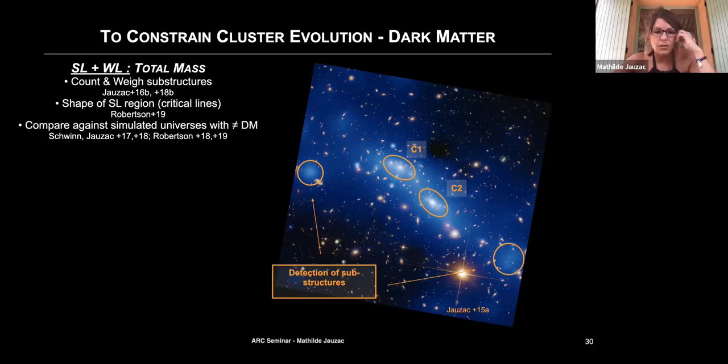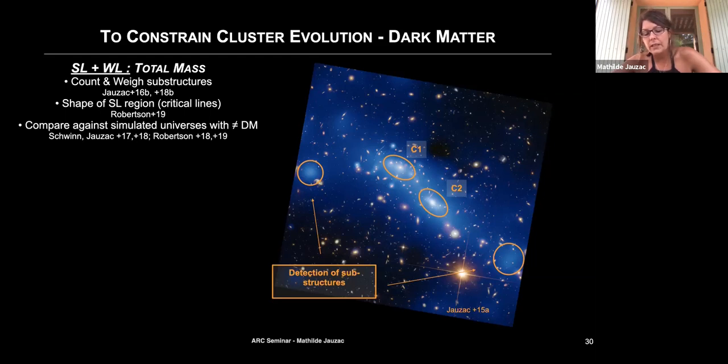Those two substructures are group scale, so a few 10 to the 13 solar masses. From that, you can't do much if you want to understand the history of your cluster. However, what you can try to do is to constrain the dark matter particle nature.